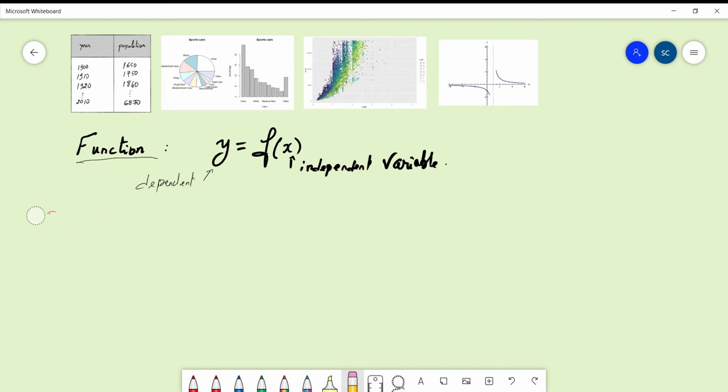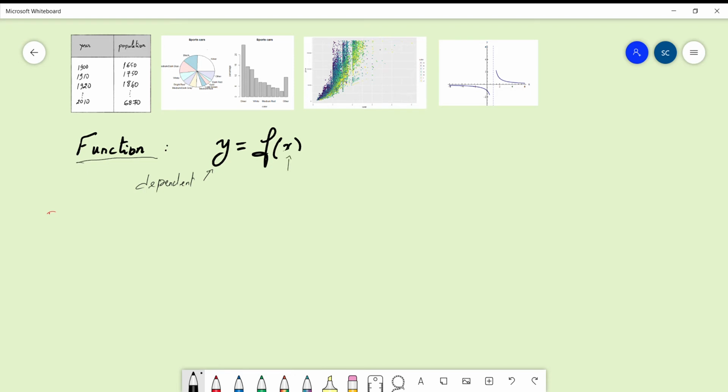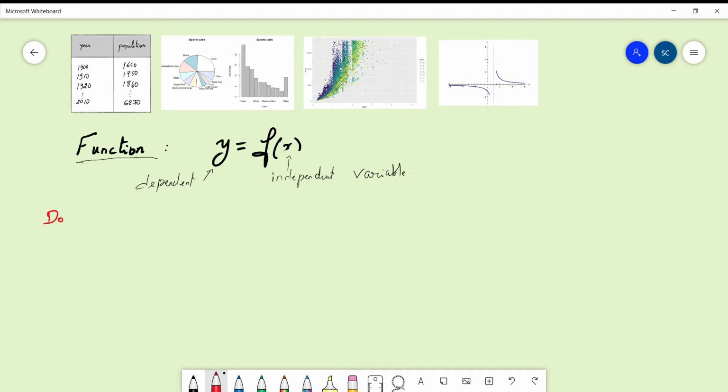So as I said, we are interested in first knowing where our function is defined.